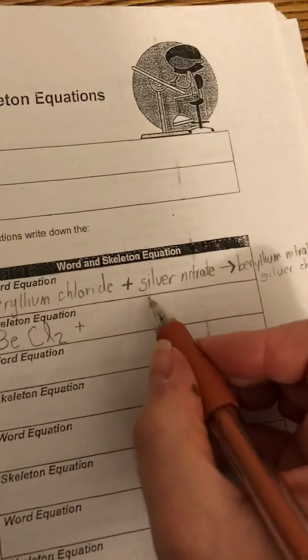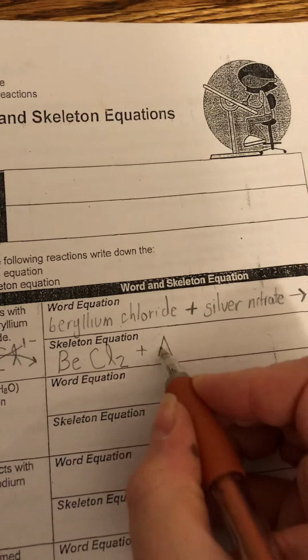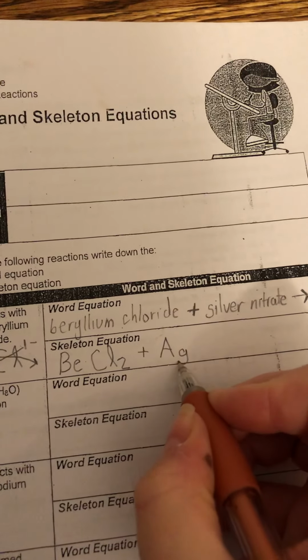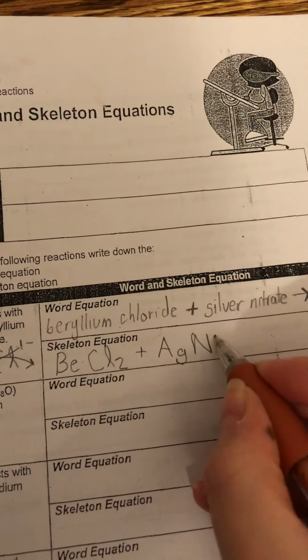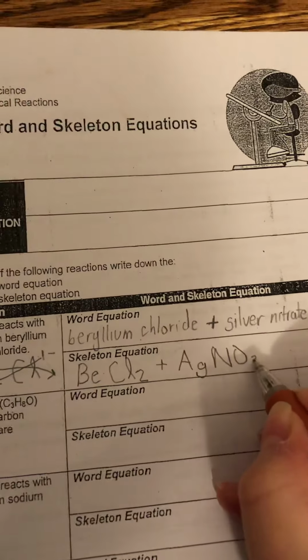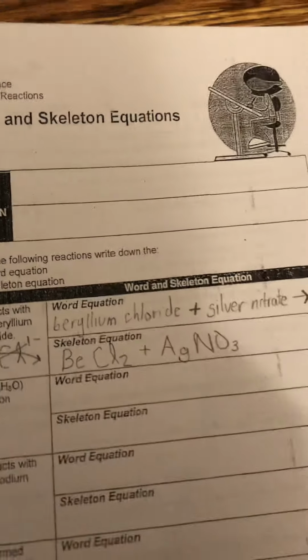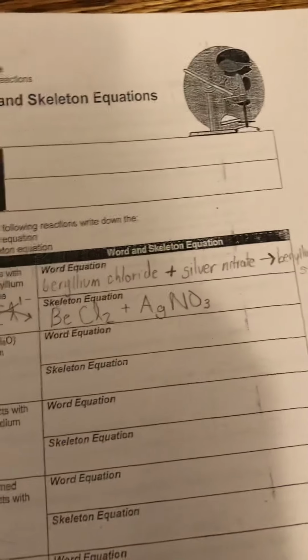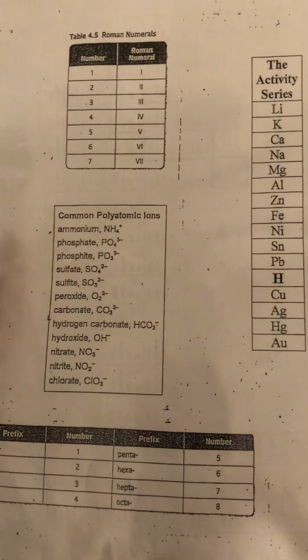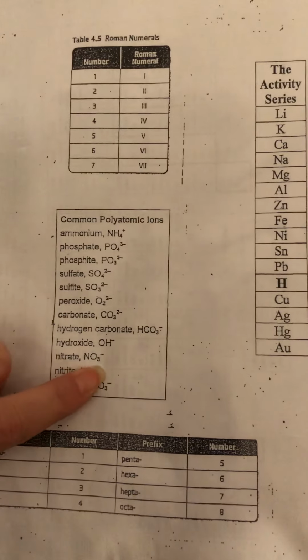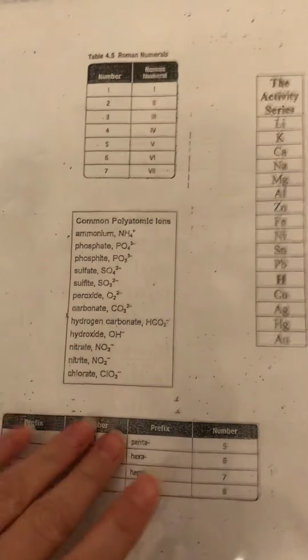Then we do our next one, silver nitrate. So I'll just write the symbols for now. So silver is Ag, and nitrate, if we remember, is NO3. And where did I get that? Nitrate is a polyatomic ion on the back of our periodic table, so NO3.